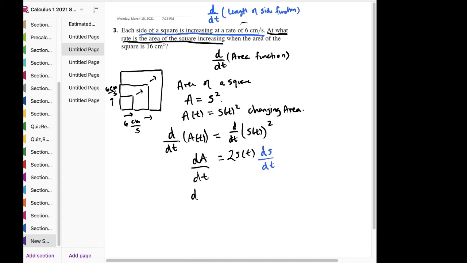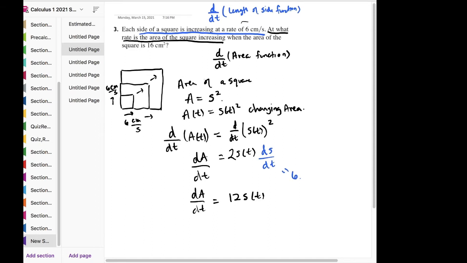So dA/dt is equal to 12 s of t. Okay, now what? We want to find at what rate the area of the square is increasing when the area is 16 centimeters squared. Okay, so that's the area function.